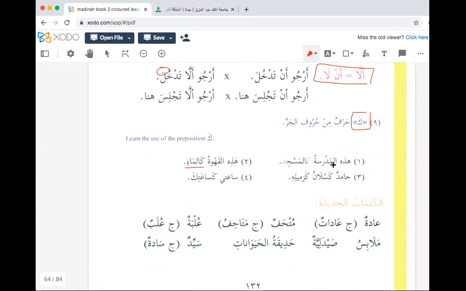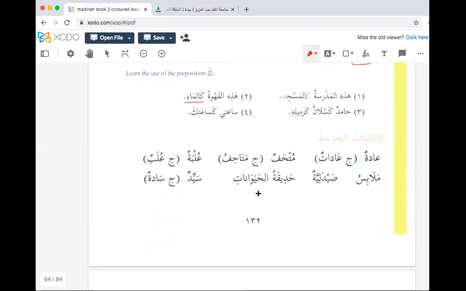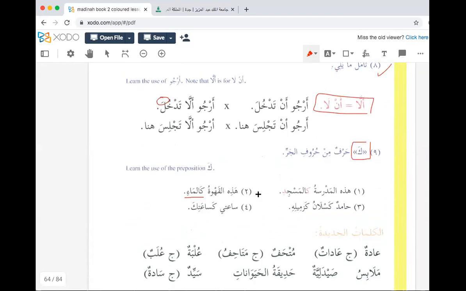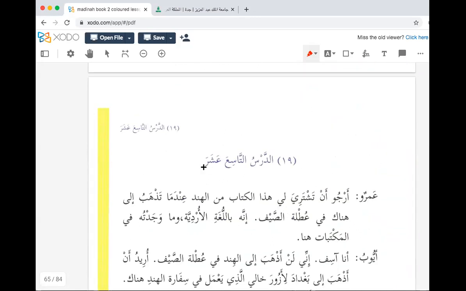This coffee is like water. هذه المدرسة كالمسجد. Like a masjid. Kaf is harf al-jar. Tayyib. And have a look at the new word. So practice. This one you can do for homework as well, inshallah. If there's a chance on Google Classroom to write it and send it, that would be great. And then have a look at these new words. And bi-idhnillahi ta'ala, on Yawm al-Ithnaini, we will start ad-dars at-tasi'a ashara, inshallah ta'ala.